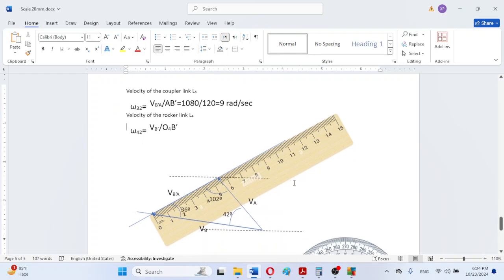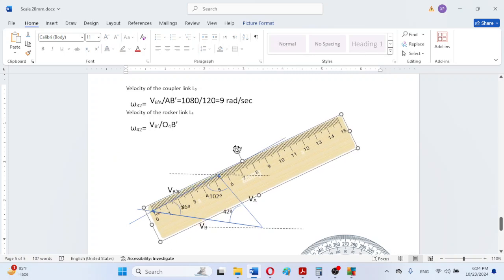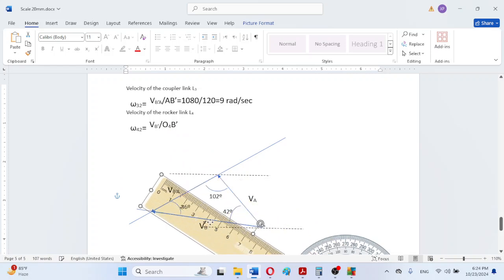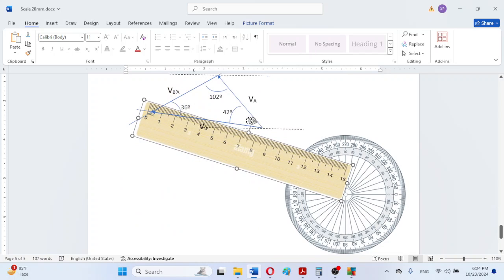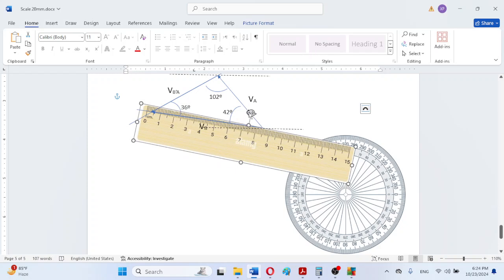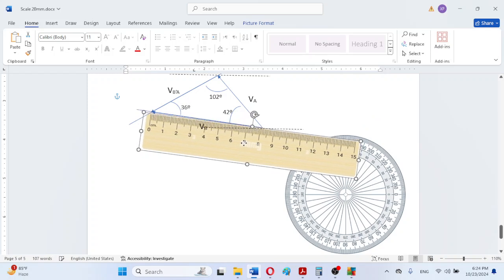And in a similar manner we will now be measuring with the help of this scale the vector VB. So we will again be moving and placing its edge coinciding. This will be a bit technical, but as we practice and do exercises, it will not take much time.